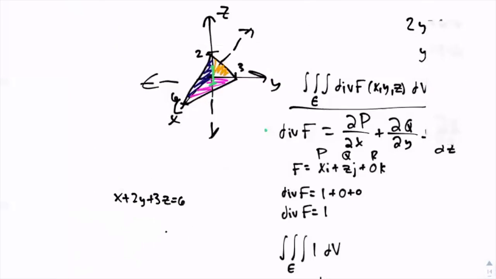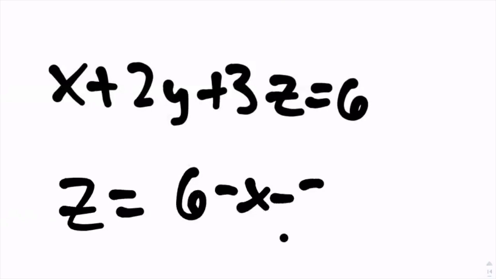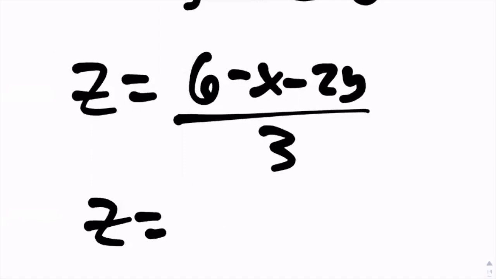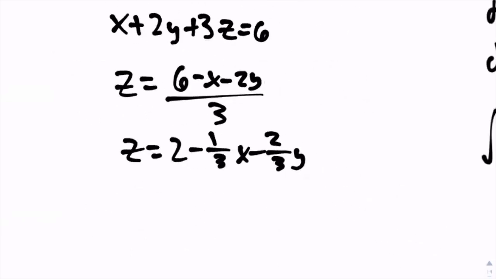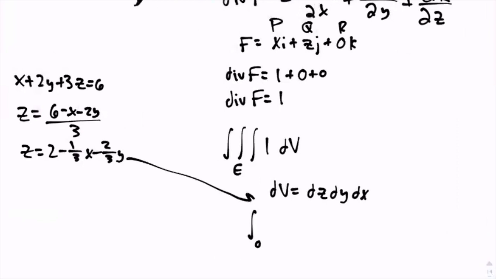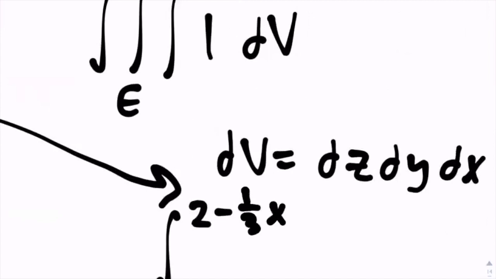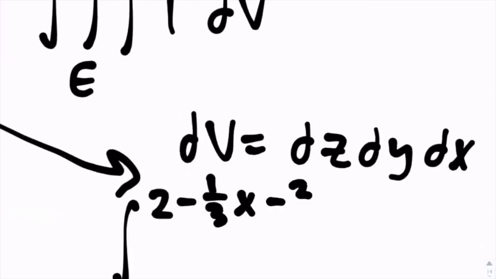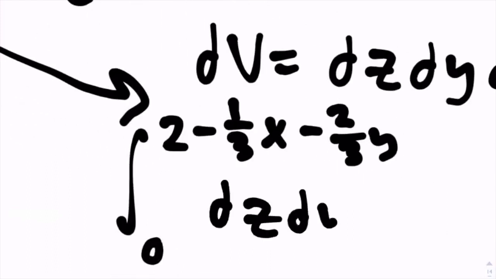Let's double check to make sure that's true. That is true. Solving for z, we get (6 minus x minus 2y) over 3, which comes out to be 2 minus 1/3 x minus 2/3 y. And we say that that is the upper bound for our integral.